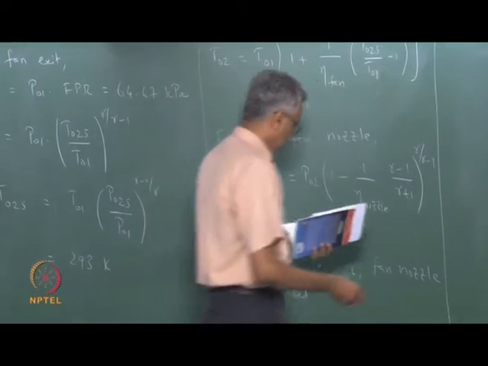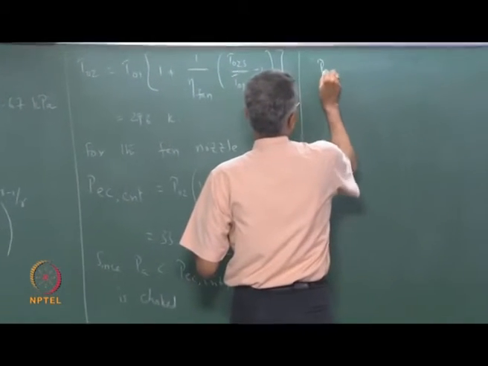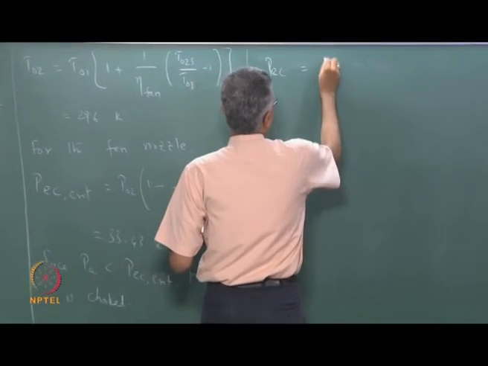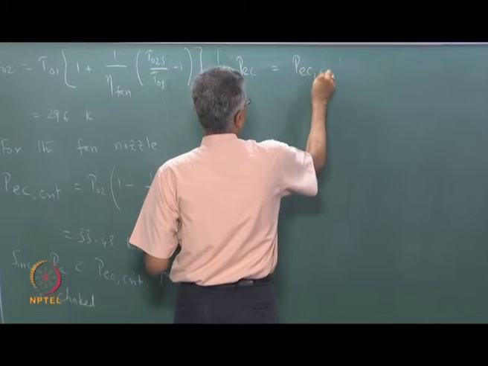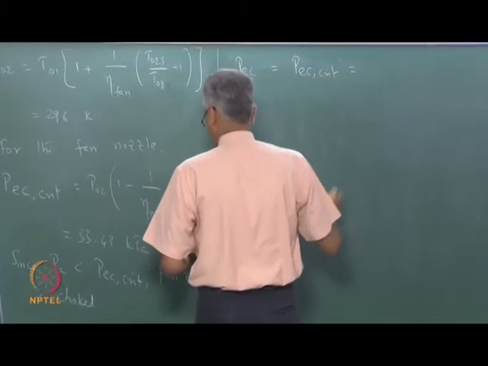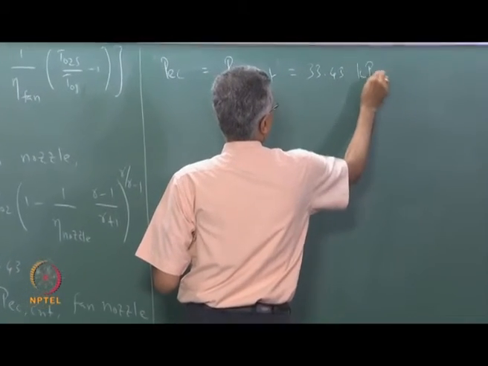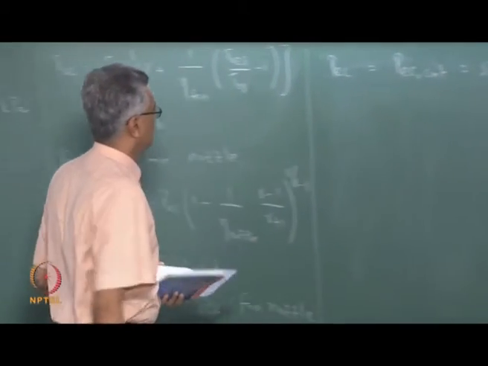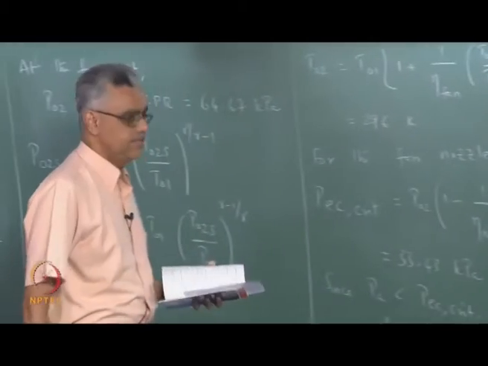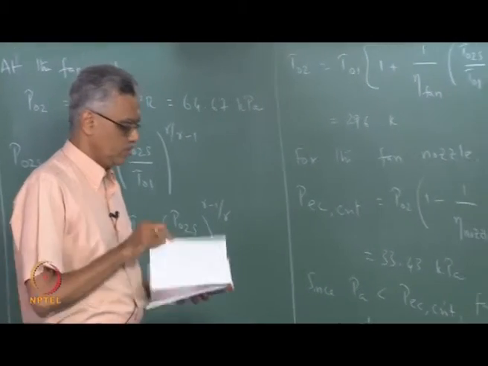So that means that the exit pressure PEC is equal to PEC critical, since the nozzle is choked, and that is equal to 33.43 kilopascal.